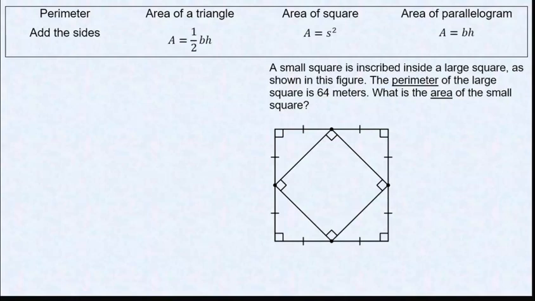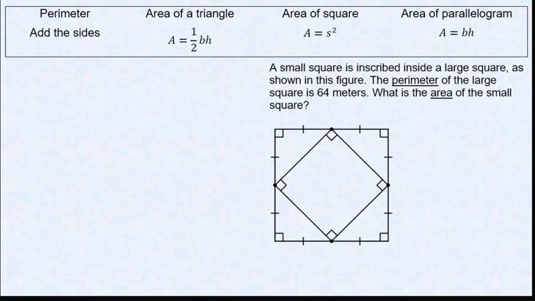This is a commonly asked question and it requires a lot of application. So let's get started. The perimeter of this square is 64. So what does that mean? Well, like I talked about in the previous example, to find the perimeter, all you really need to do is multiply the one side by the number of sides, only when all of the sides are congruent, which is this case because we are dealing with squares.